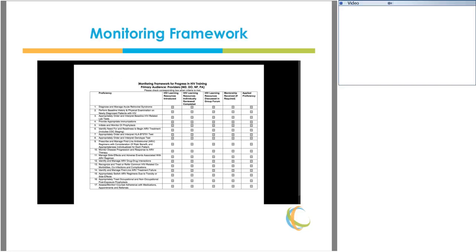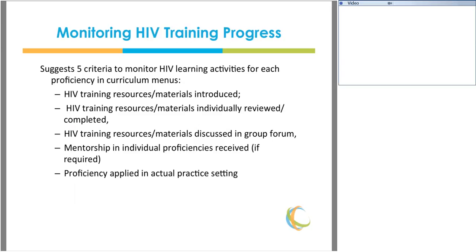This is an example of the monitoring framework that could be used for monitoring the HIV training progress. We've included a simple monitoring framework that contains 5 basic process indicators to provide information to you, AETC, and HCMC on your team's use of the package and resources. They're not outcome indicators to measure effect on care outcomes.